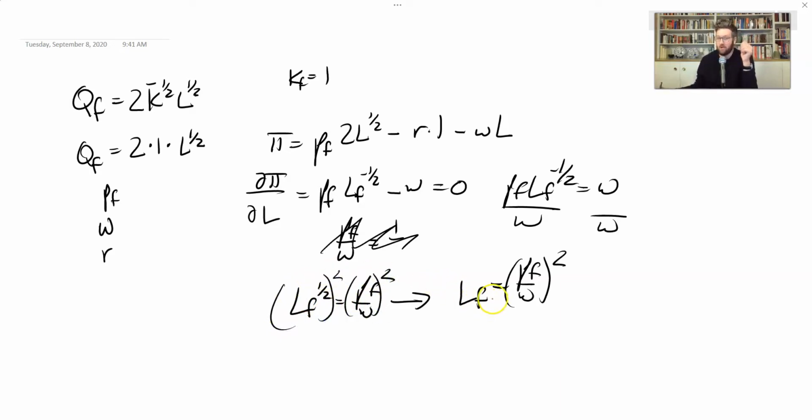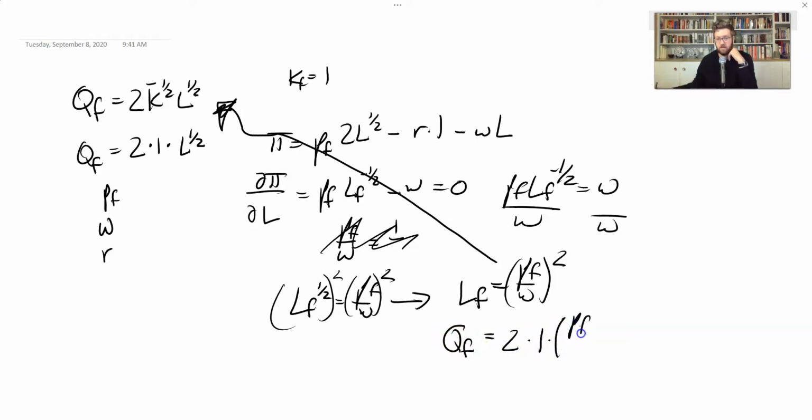Now we're almost at the point where we can figure out the quantity they want. We take this and plug it back into our production function, and we get a quantity as a function of price and the wage rate. So 2 times, they've got just 1 unit of capital, P_F over W squared.